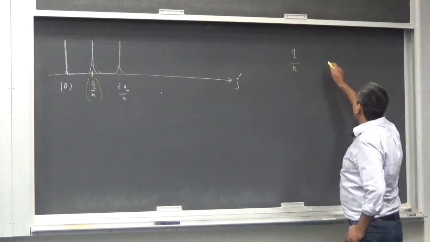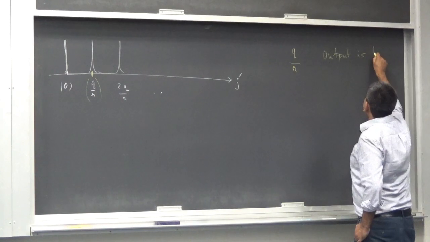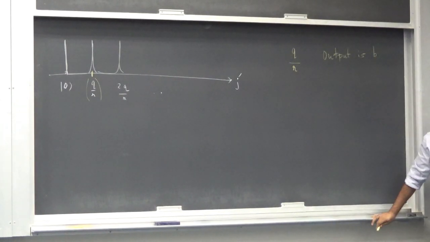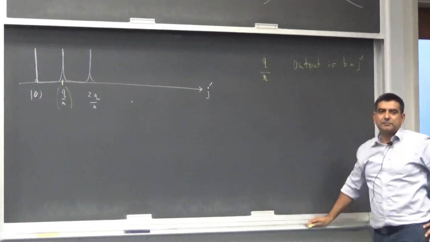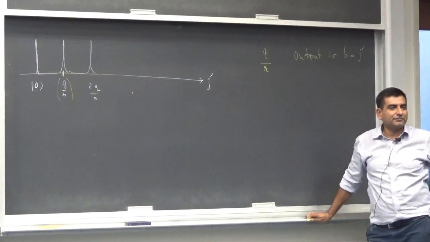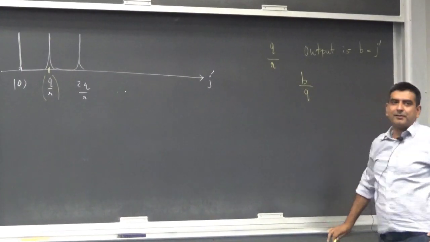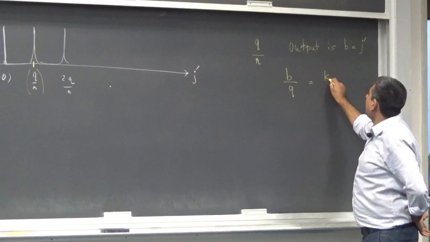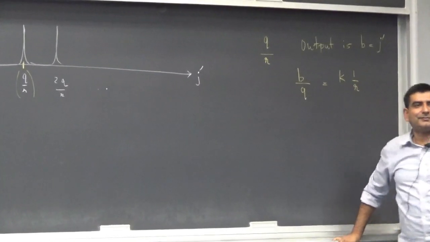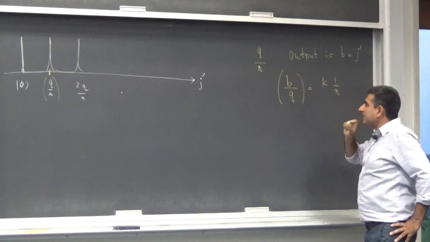Suppose my output is B, which is the same as J prime. So I get some integer B as my output. Now I take this B and divide by Q. Q is known. This has to be some multiple of 1 over R. This is my fraction here.